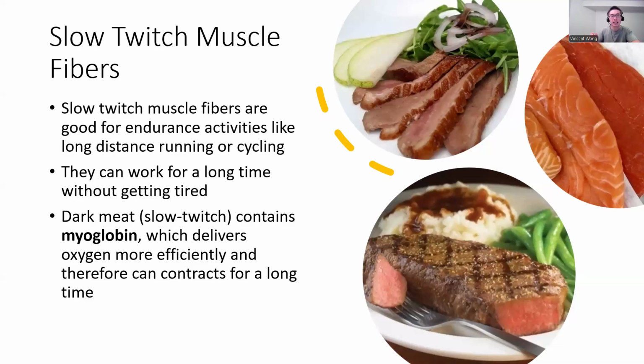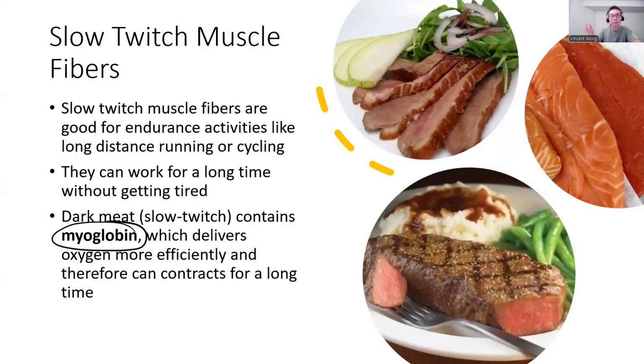These slow twitch fibers are also darker in color because of a special oxygen delivering protein called myoglobin. Myoglobin is more efficient in delivering oxygen, and if you can continuously deliver a good amount of oxygen to these muscles, then they don't get tired easily.